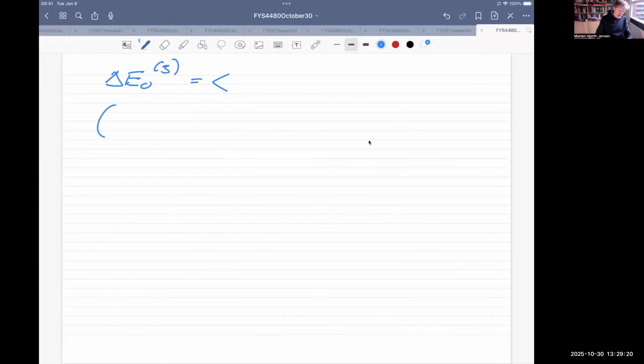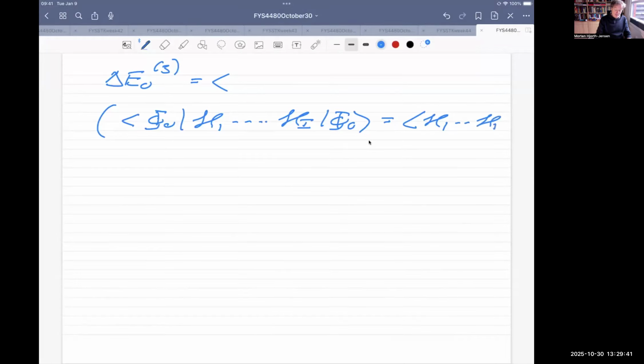So let me introduce that one, because else I'm going to go crazy with all these terms. So I have phi 0, and then I have H_I, then I have a series of operators, and then I have an H_I here, multiplied with phi 0. I'm going simply to write this as H_I, and then I have all these things in the middle here. So this is just a shorthand which I'm going to use.